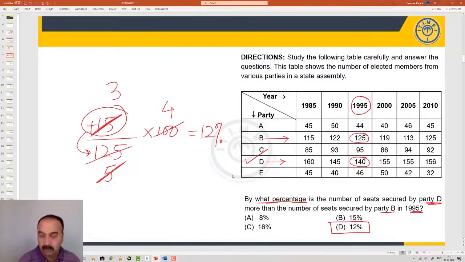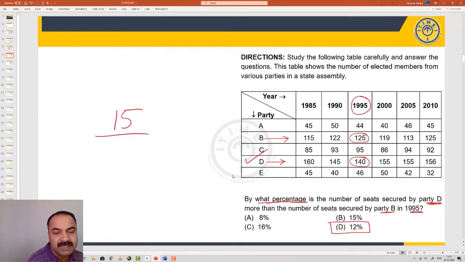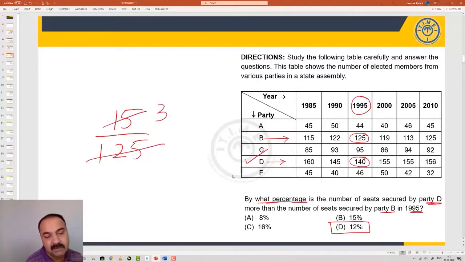The same question of growth. What percentage is D more than B can also be achieved without going through the normal method of multiplying by 100. So we know that the growth is 15, and we know it is being compared with a base of 125. 15 and 125 are divisible by 5. So 5 threes are 15, and 5 25s are 125.